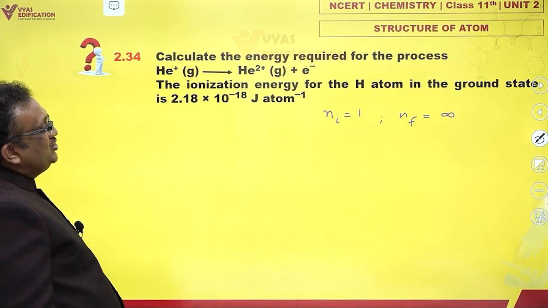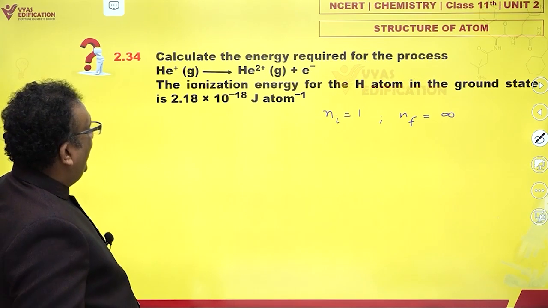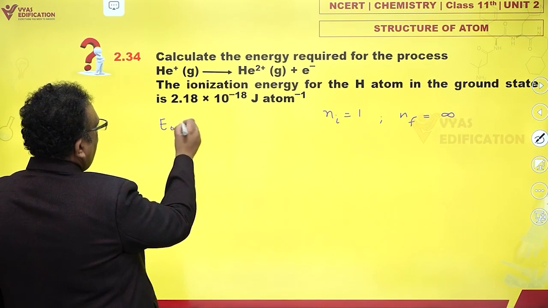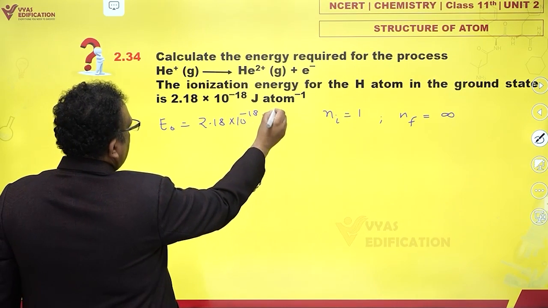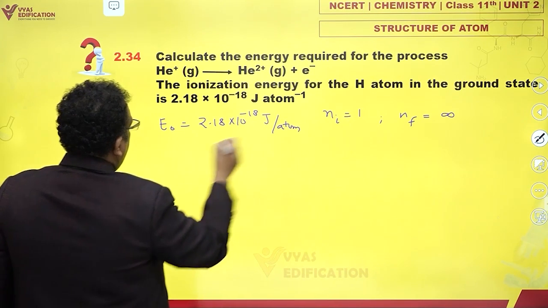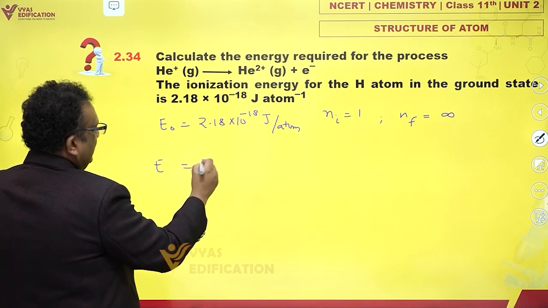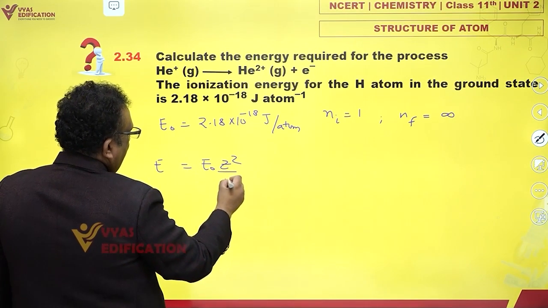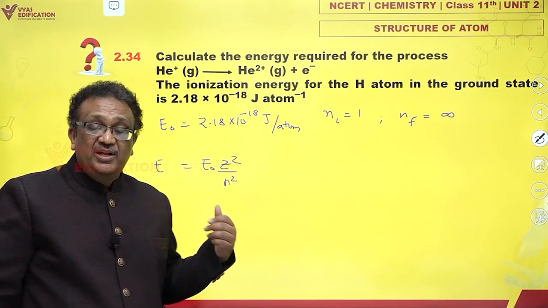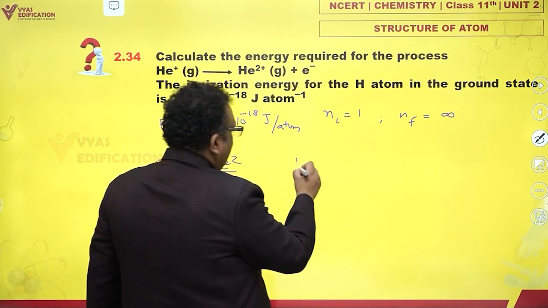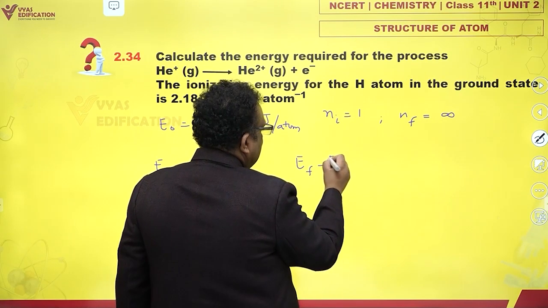The ionization energy of hydrogen atom in ground state, I am given E naught, is 2.18 into 10 raised to minus 18 joules per atom, and E is E naught Z square by N square. Yes. And in this case, ionization energy required is energy final minus energy initial.